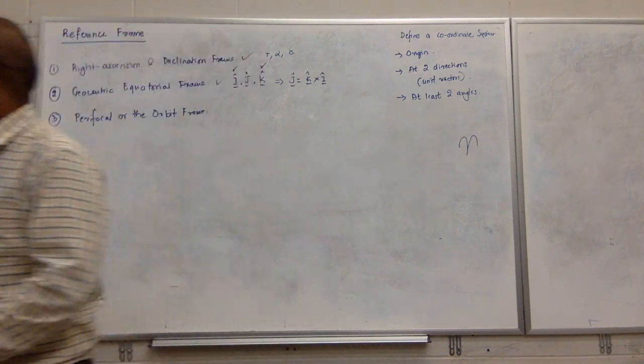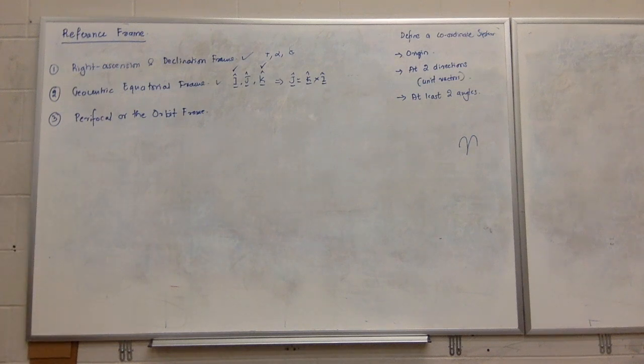And the relationship is this. What is this UR? The unit vector in the direction of R. These are the relationships.